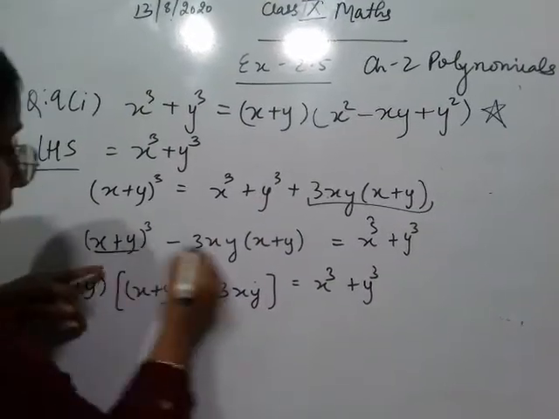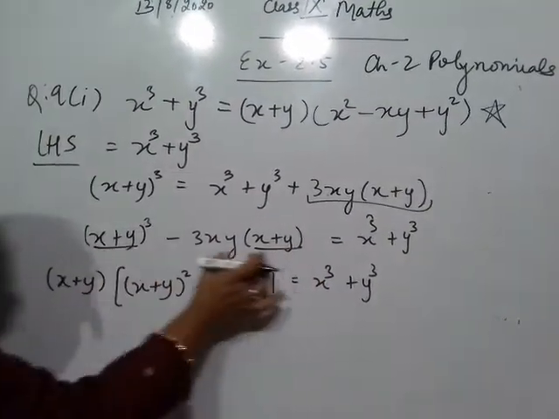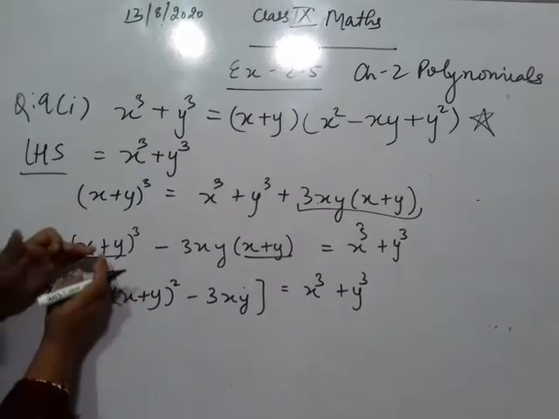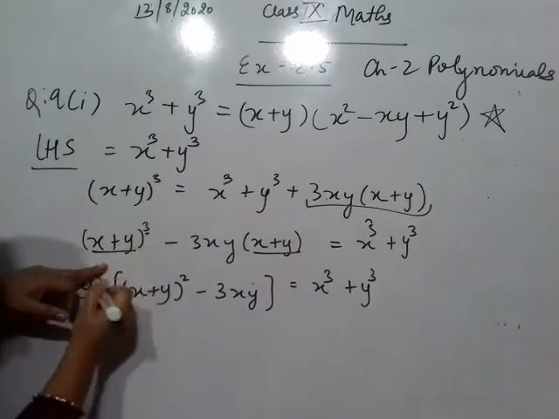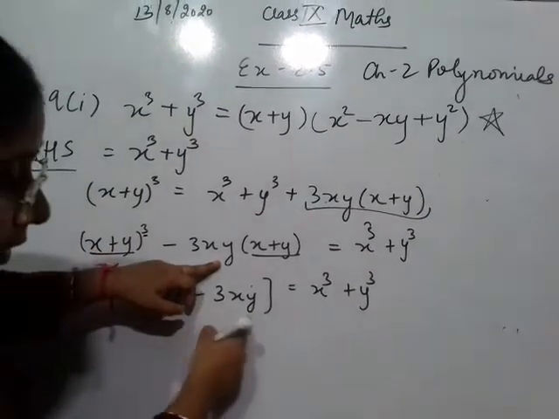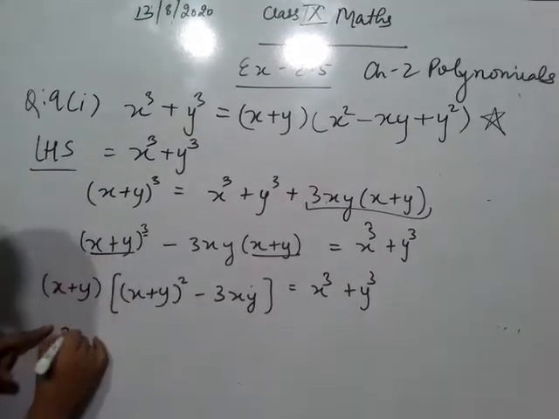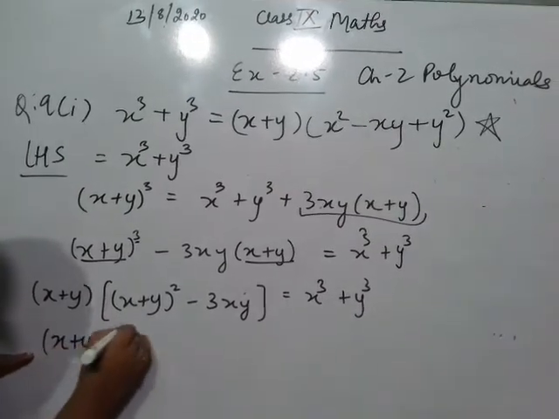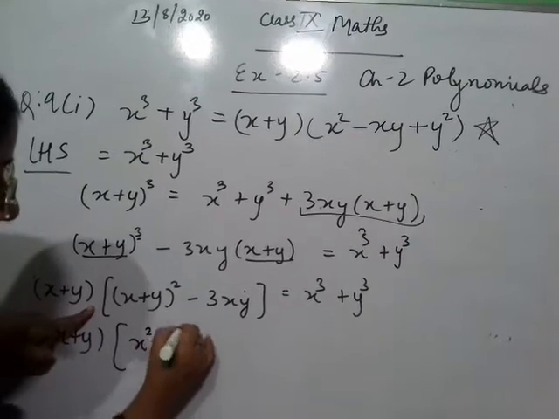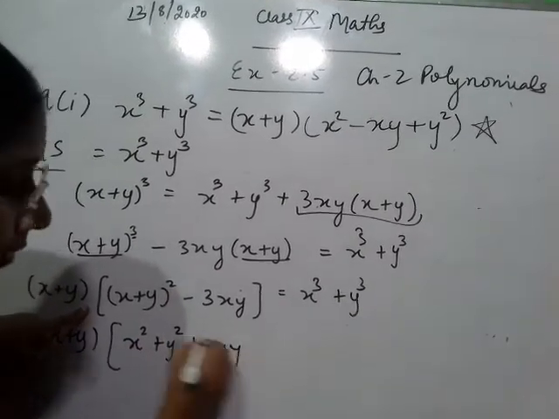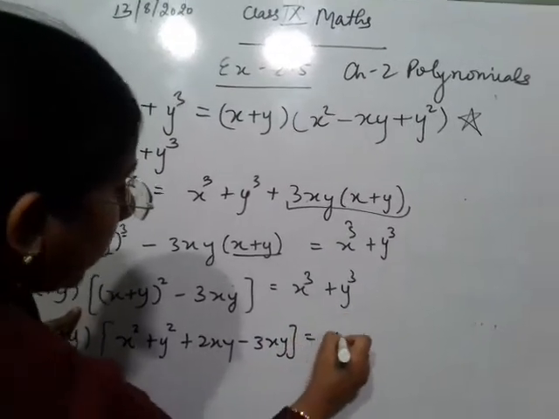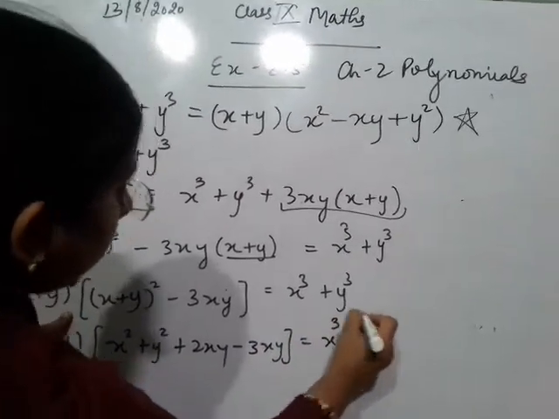Now x plus y is common in both the two terms, so we have taken x plus y as common. So inside we are left with one less power, (x plus y) whole square minus 3xy. So x plus y is taken outside. Now this is the whole square, so we can open it: x square plus y square plus 2xy, minus 3xy, is equal to x cube plus y cube.